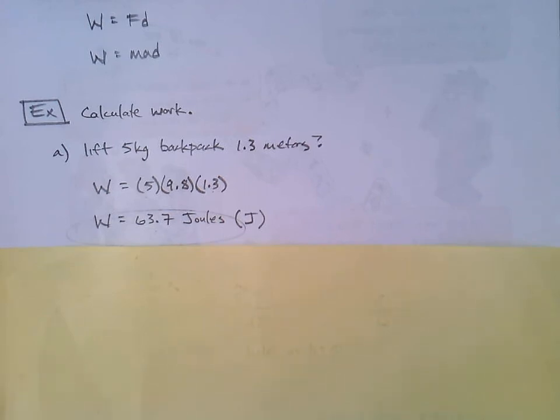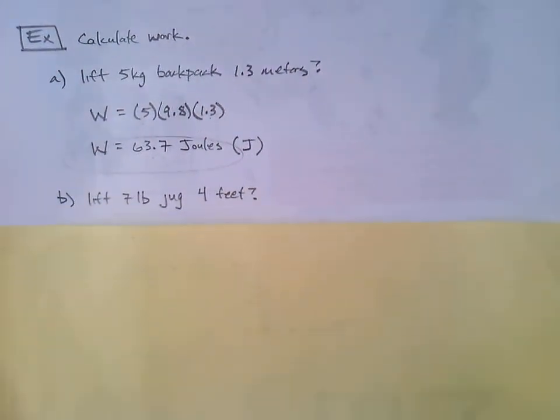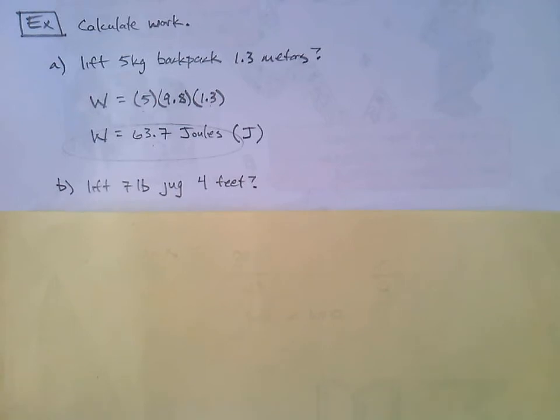All right, let's try one with the standard system, or the English system. So we'll use pounds and feet. Let's calculate the work to lift a 7-pound jug 4 feet, and we're thinking we're lifting it directly against gravity, straight up into the air. Now here we don't need to think about acceleration, because pounds already takes acceleration of gravity into consideration.